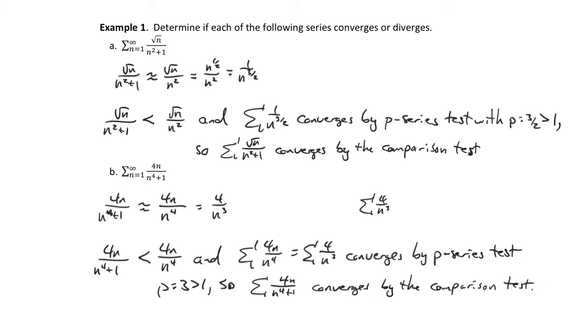So our series will converge by the comparison test. Again, think about what this means. The partial sums for my given series will be less than the partial sums for the series at hand, 4 over n cubed. Since this converges, I don't know to what, but it converges to something. That means that since the partial sums are less than the partial sums, our series will converge as well.